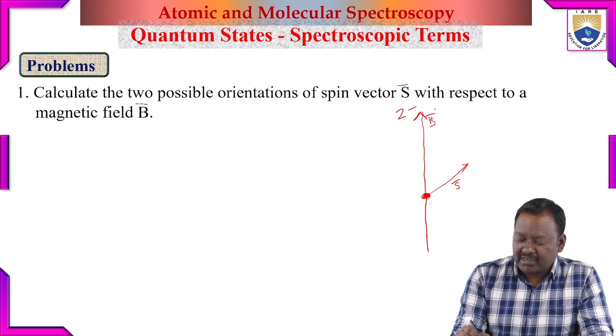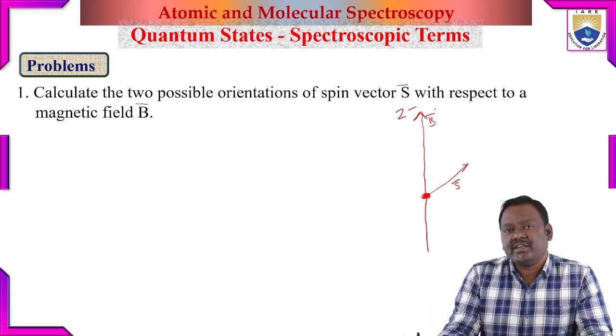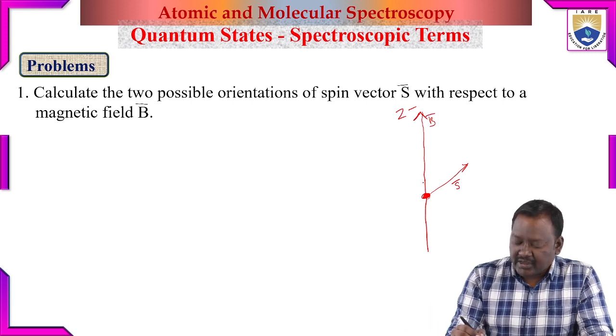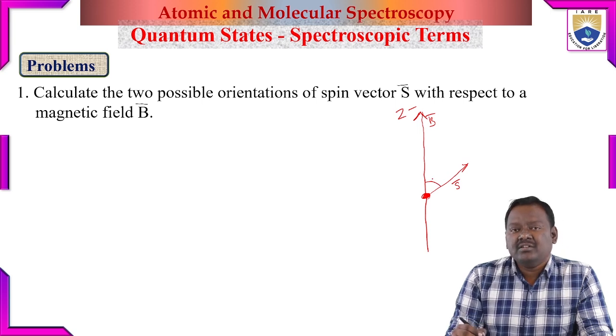The angle made by the spin angular momentum vector S bar with the Z axis is theta.